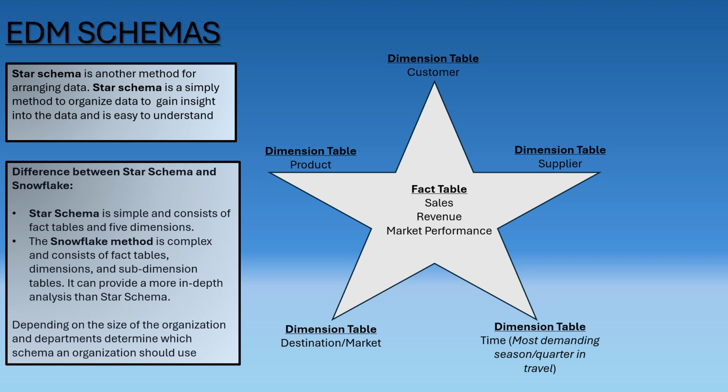The difference between star schema and snowflake is that star schema is simple and consists of fact tables and dimensions, whereas the snowflake method is complex and consists of fact tables, dimensions, and subdimension tables. It can provide a more in-depth analysis than the star schema. Depending on the size of the organization and departments determines which schema an organization should use.